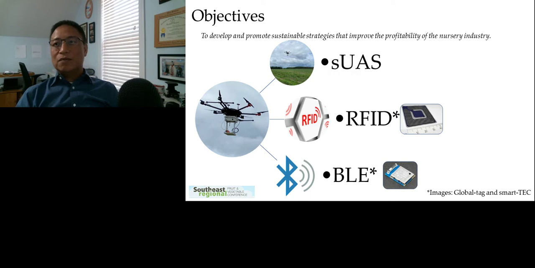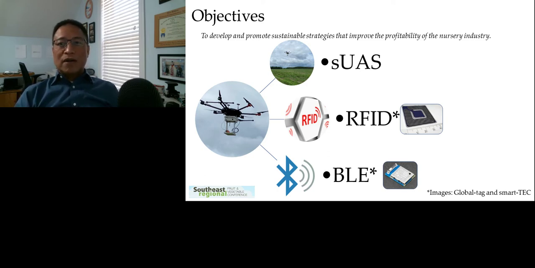Integrating production information into the overall system will improve inventory data, irrigation management, and pesticide application. We developed two modules, the RFID and BLE, that will be used as the medium of tracking plants or pots on the field. But for this presentation, I will only present the RFID part.